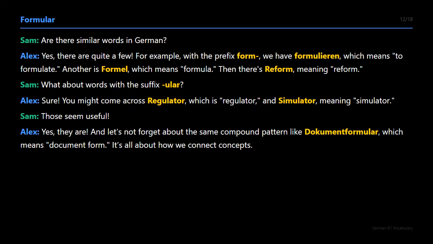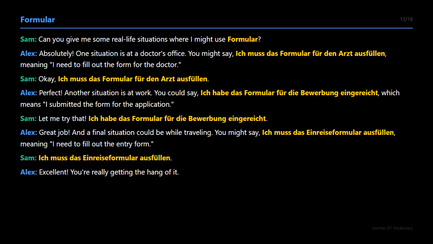Can you give me some real-life situations where I might use Formular? Absolutely. One situation is at a doctor's office. You might say, Ich muss das Formular für den Arzt ausfüllen, meaning I need to fill out the form for the doctor. Okay.